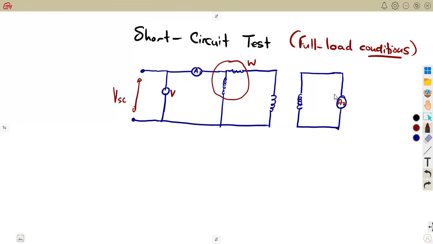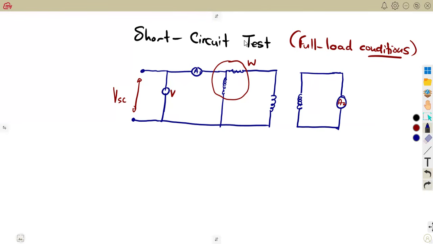So if a very low voltage is applied to the primary side and this voltage is gradually increased until full load currents flow in both primary and secondary windings, the wattmeter records the power on the short circuit. So we are considering a condition where a very low voltage is applied to the primary windings, and this voltage is gradually increased until we reach full load conditions.